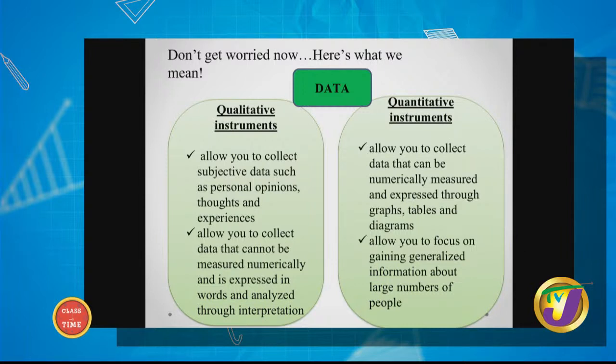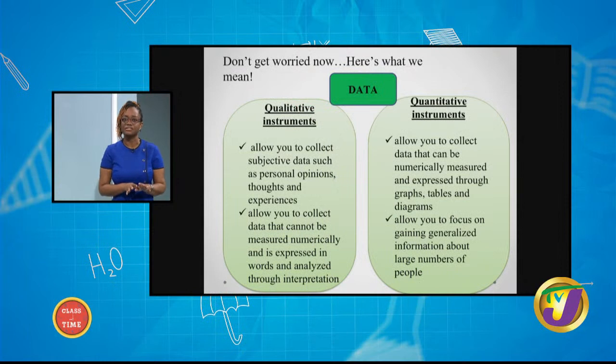Simply put, that's personal opinions, experiences, thoughts, and all of this information, you will note, has nothing to do with statistics and numbers. So any data that is qualitative in nature is subjective in nature and has nothing to do with numbers.